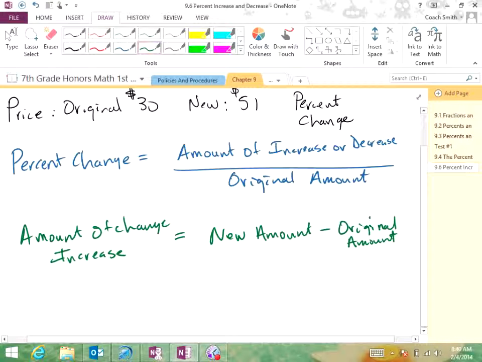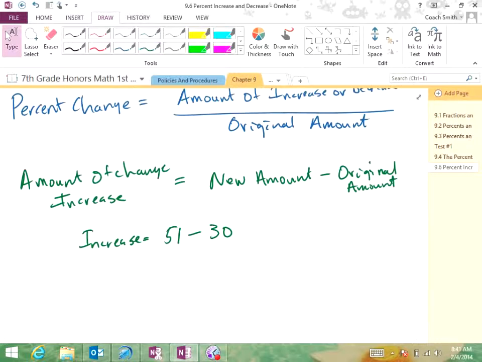So the amount of increase here is equal to the new amount, $51, minus the original amount, which was $30. And so that gets me what? 21. So the increase was equal to $21.